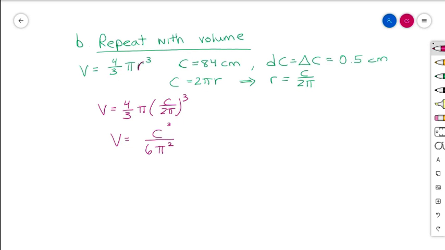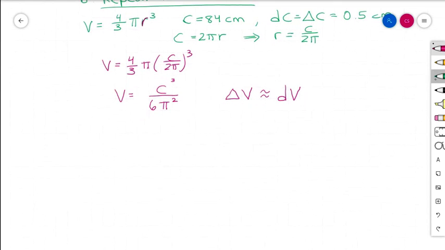So anyway, we have this function of the volume in terms of the circumference, okay? And remember, we want to calculate the error in volume given that there's an error in circumference, and we're going to approximate it with the differentials. So we're going to approximate it using dV, and again, dV is equal to V prime dc.